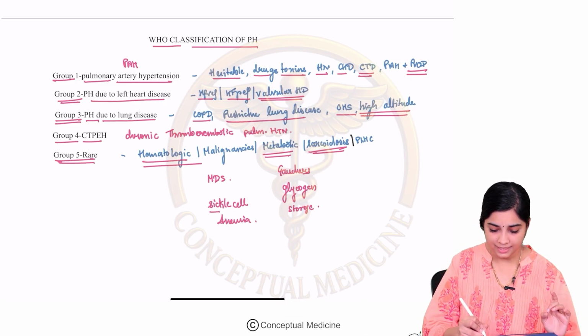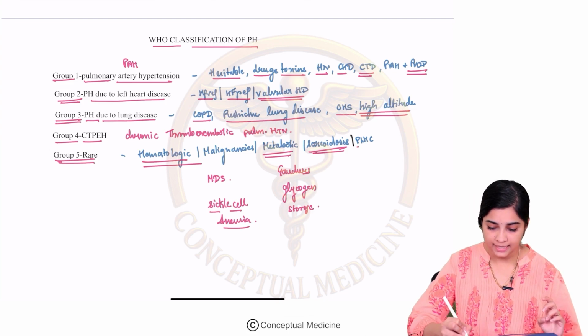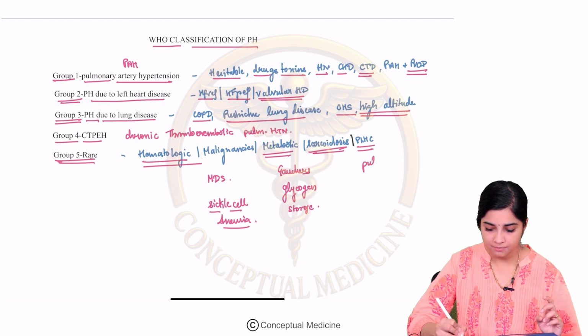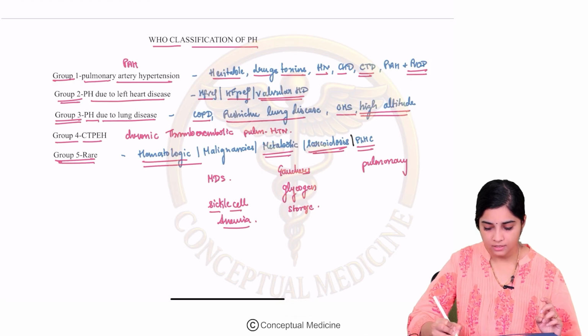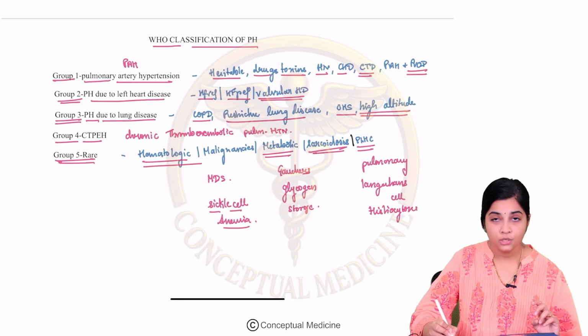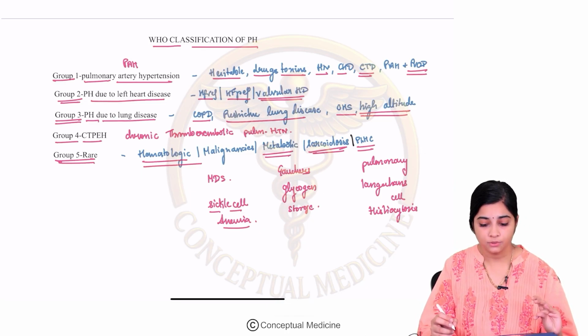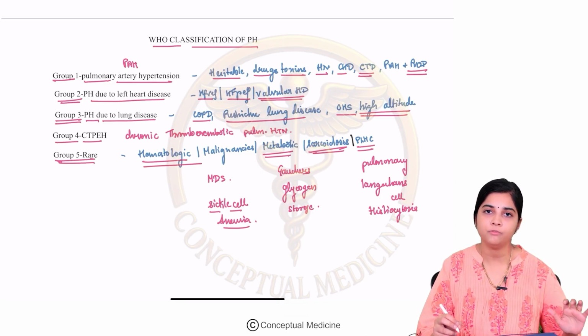Then we have sickle cell anemia related pulmonary hypertension, and PLCH, which is pulmonary Langerhans cell histiocytosis. So remember hematologic malignancies, sickle cell anemia, storage disorders, sarcoidosis, PLCH, all these are group 5.